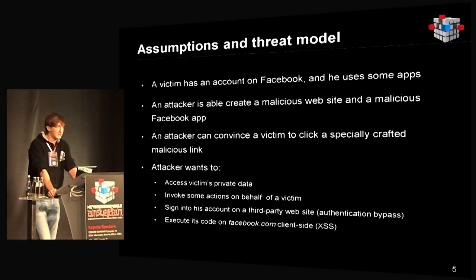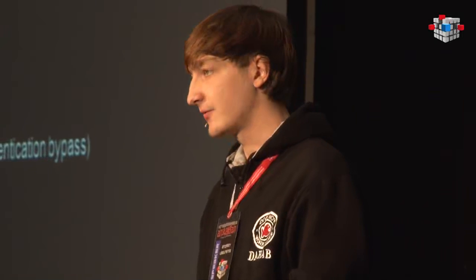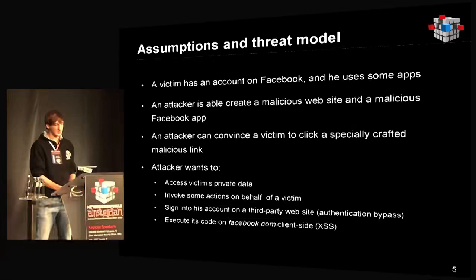So I would define a threat model in a pretty standard way for all the researchers who research the authorization protocol. It simply answers one question: what harm can happen if I click the malicious link? Exposing private data or invoking some unwanted actions could be performed if you have an access token.